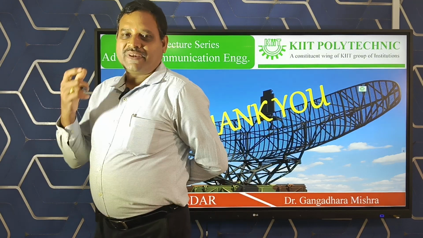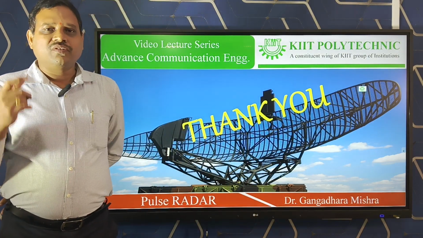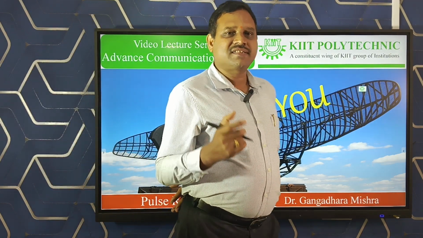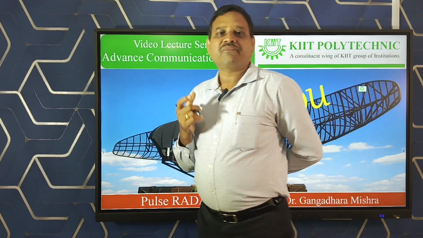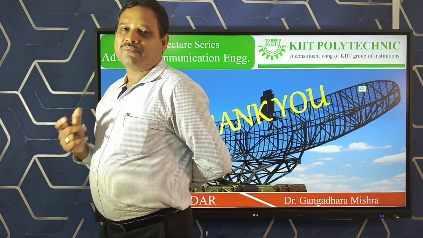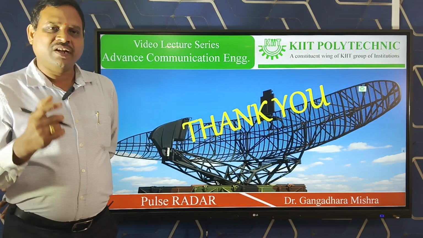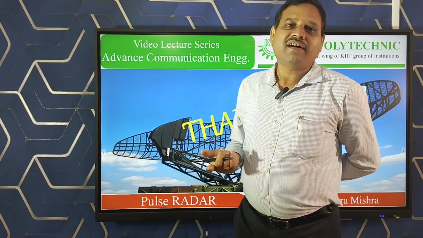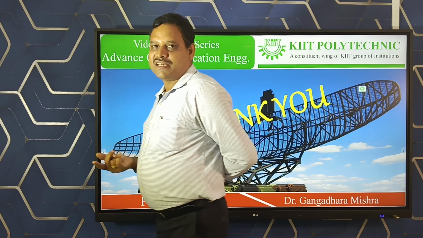This time gap of traveling from the antenna to the target and from the target back to the antenna is calculated, and we know from physics that an EM wave travels in space with the speed of light. With the relation between v, that is the speed of light, and the time of flight, we can calculate the target distance very easily.